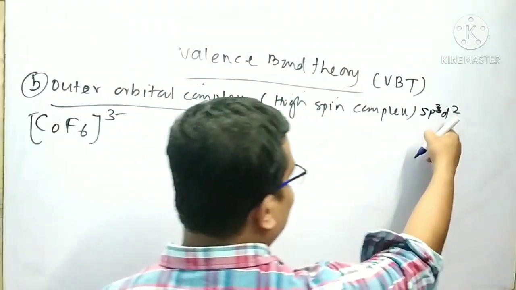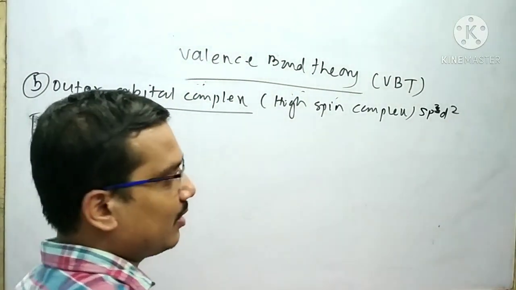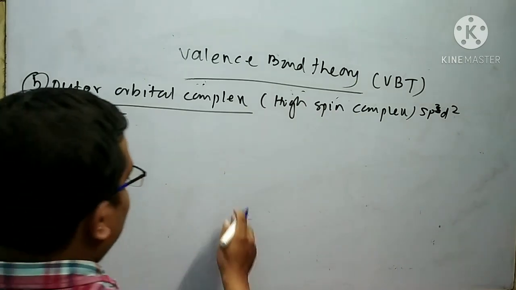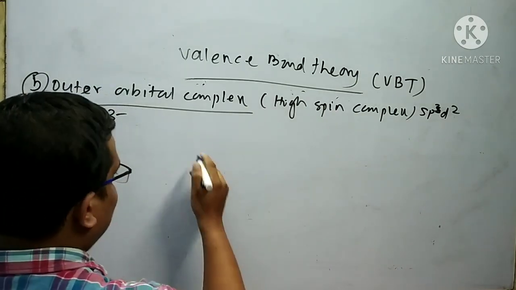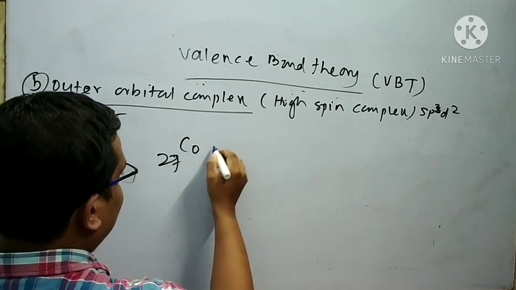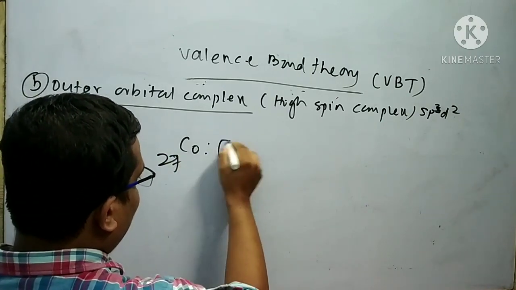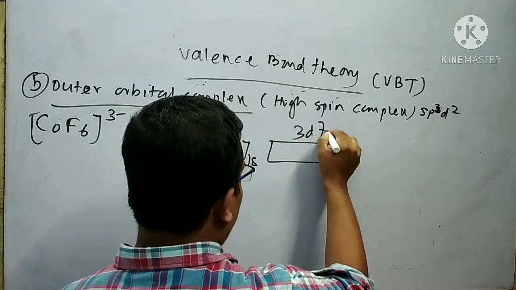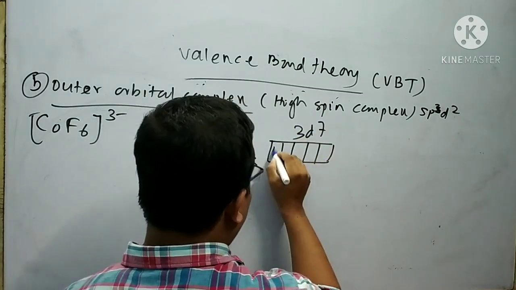This d orbital is your outer d orbital. In this complex, the cobalt exists in +3 oxidation state. So I will write step 1 like this: cobalt 27, argon 18, 3d7, the 7 electrons present like this.